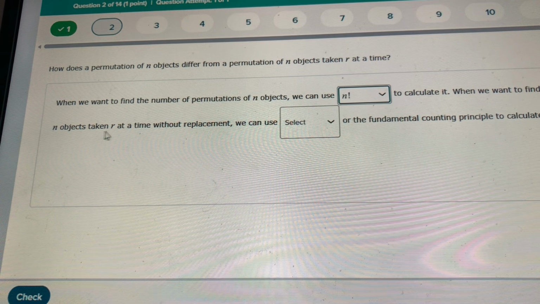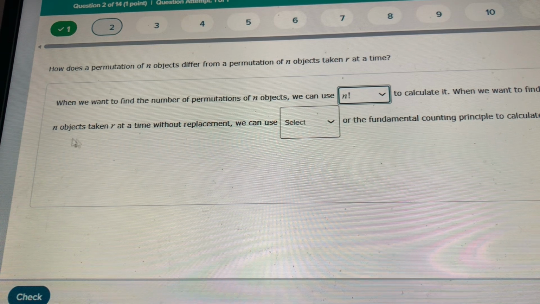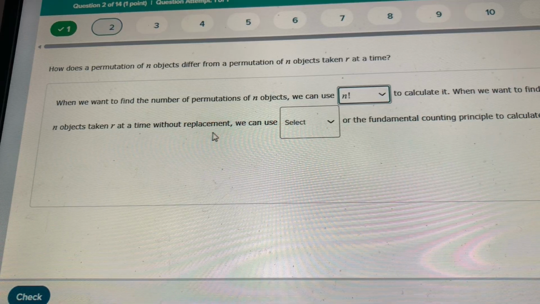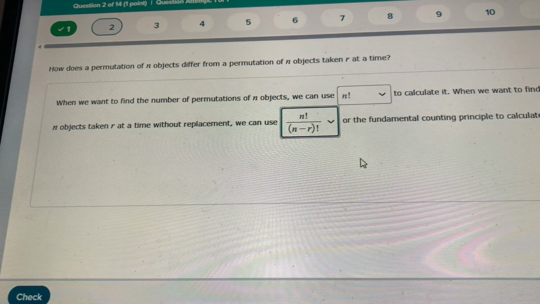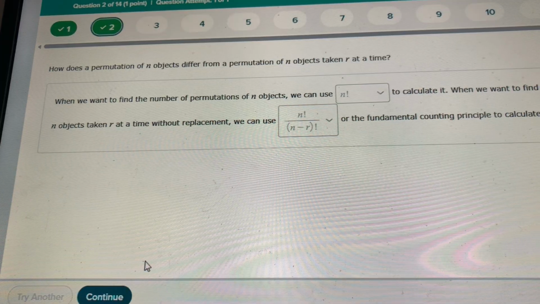If we're only going to take R of them, R is always less than N, apparently, in this definition, without replacement, there's a formula that goes like this. Now, this is confusing to people who have never seen this before, so I'll show you this when we start calculating.